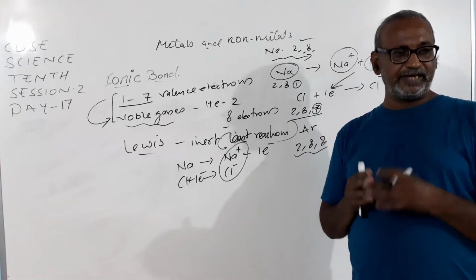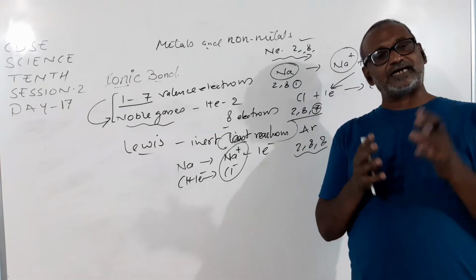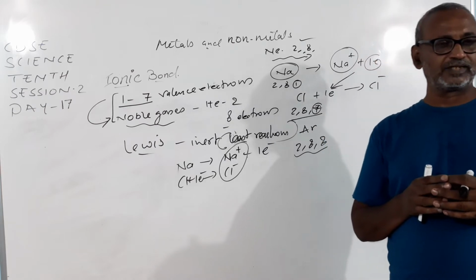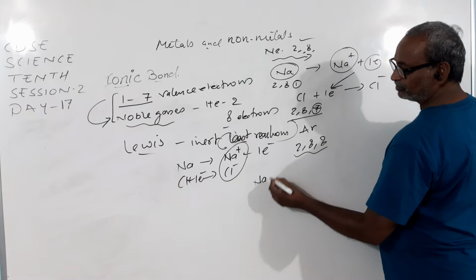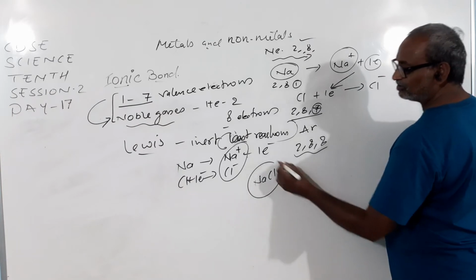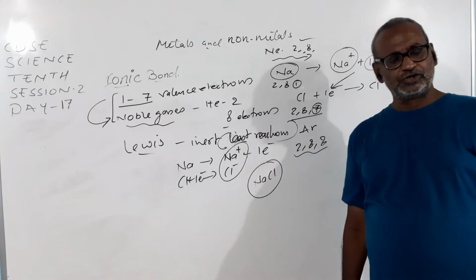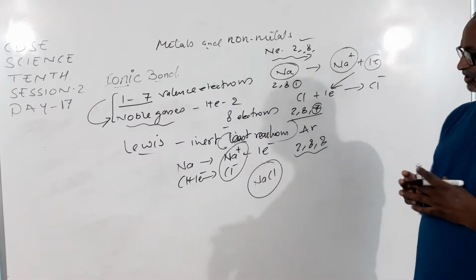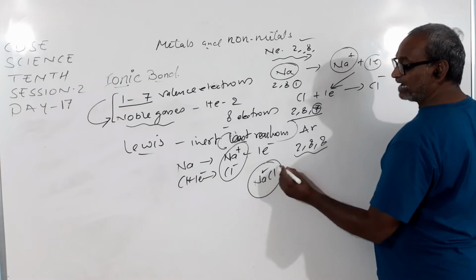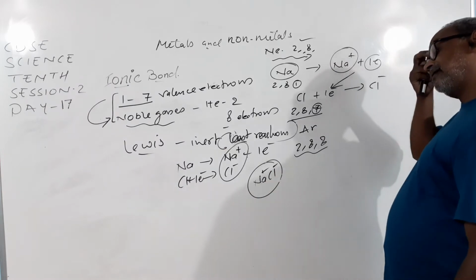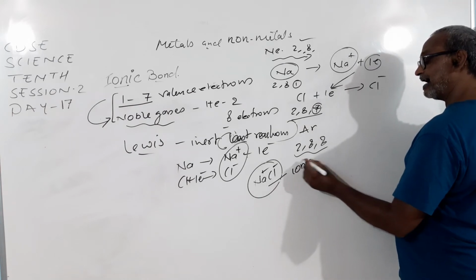Inter-ionic attraction means attraction between oppositely charged ions, and this results in the formation of sodium chloride. So in this way, this inter-ionic attraction between sodium ion and chloride ion is called an ionic bond.